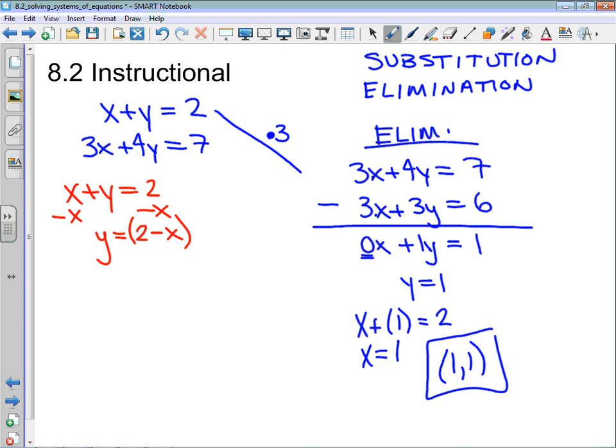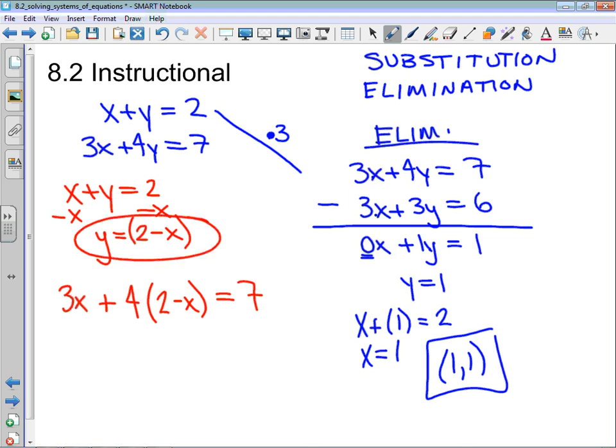It's really important that I substitute it into the other equation in my system of equations. So I would have 3x, but instead of 4y, I'm going to have 4 times 2 minus x in a bracket, and that's equal to 7. So I've made this substitution into my second equation in my system.